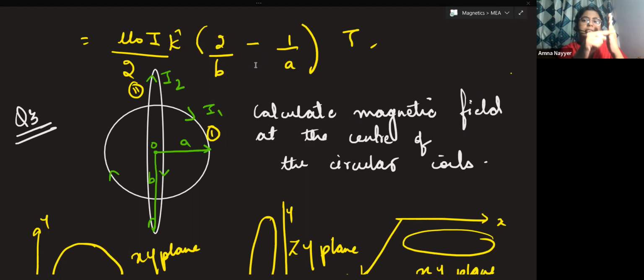Khalid, this is the sense of current. So like this, you have to keep your fingers. The current is flowing like this. And for B1 also, just check again. Current is flowing like this, clockwise.